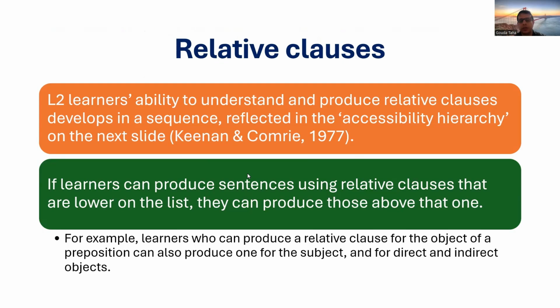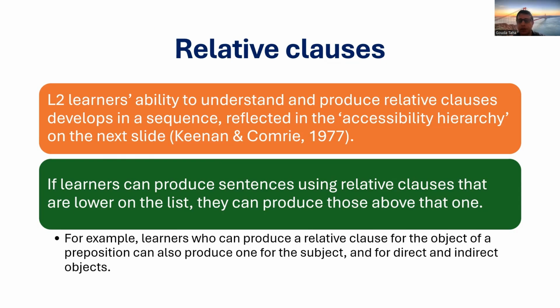So, according to the study conducted by Keenan and Comrie in 1977, the learner's ability to understand and produce relative clauses develops in a sequence, meaning the learner who can produce a relative clause for the object of a preposition can produce one for the subject and the other for the direct and the indirect object.